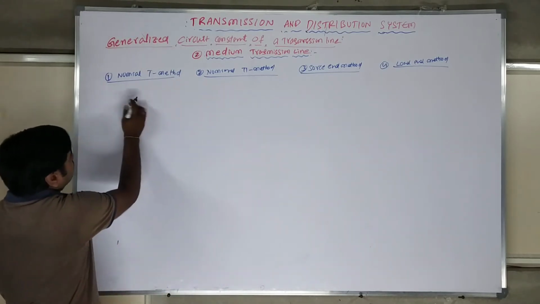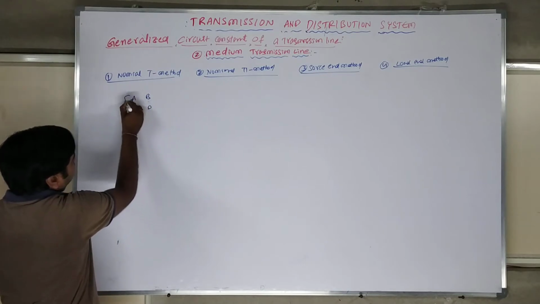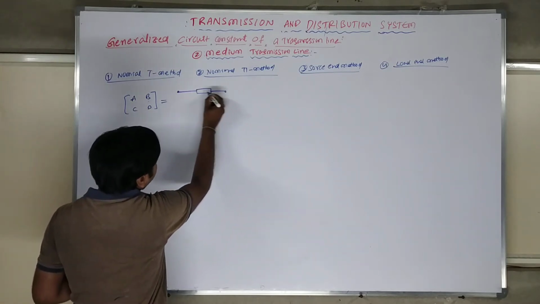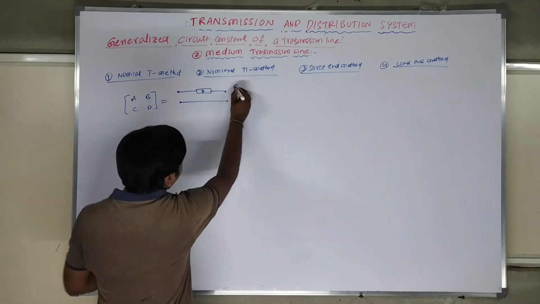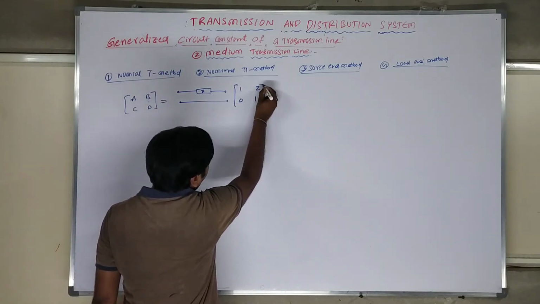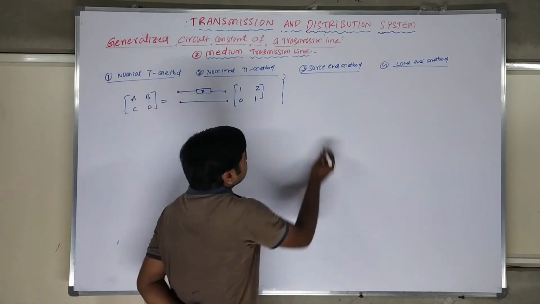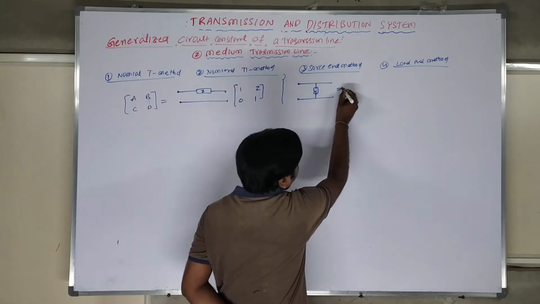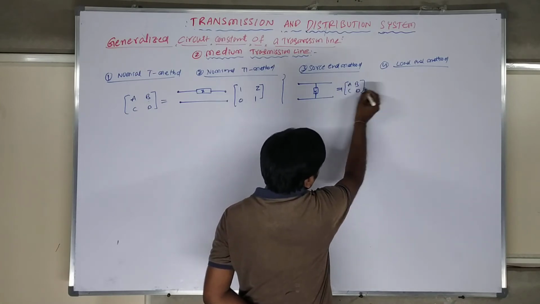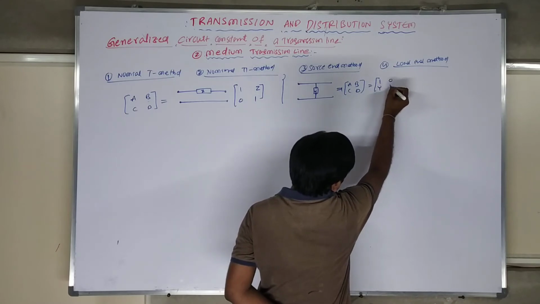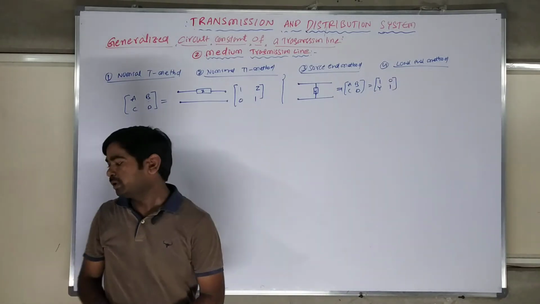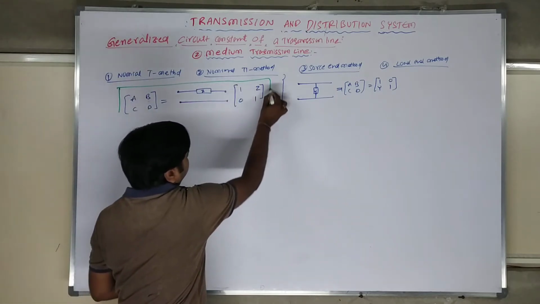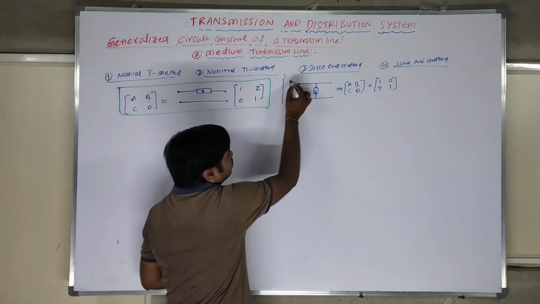Let us recall them. If we take the total network assumption as impedance, we got 1 Z 0 1. If the complete network assumption is an admittance model, we got 1 0 Y 1.